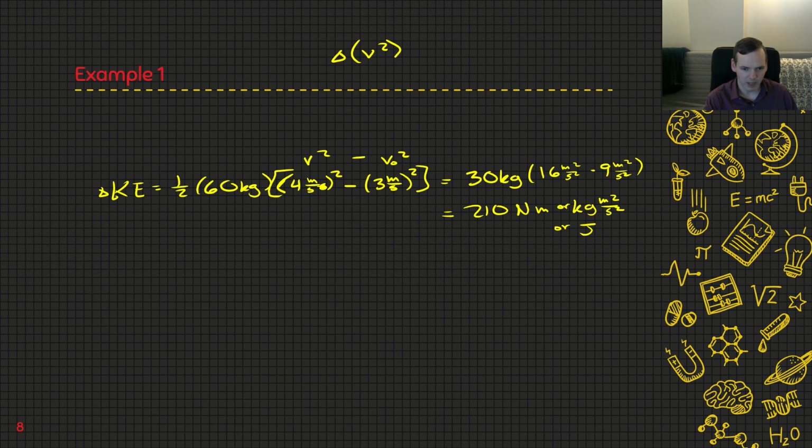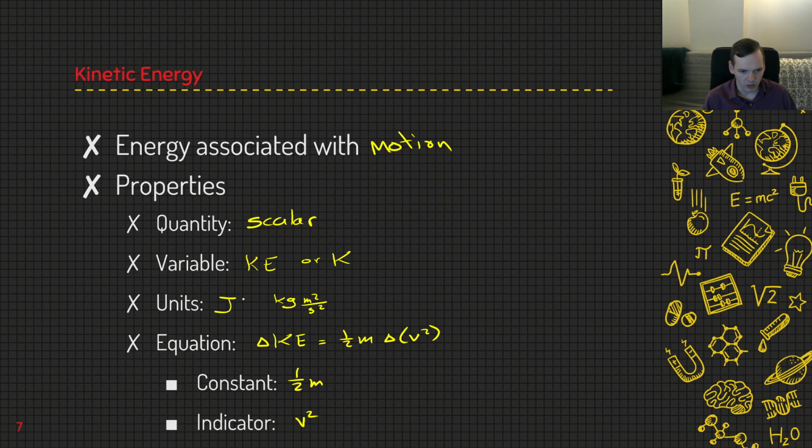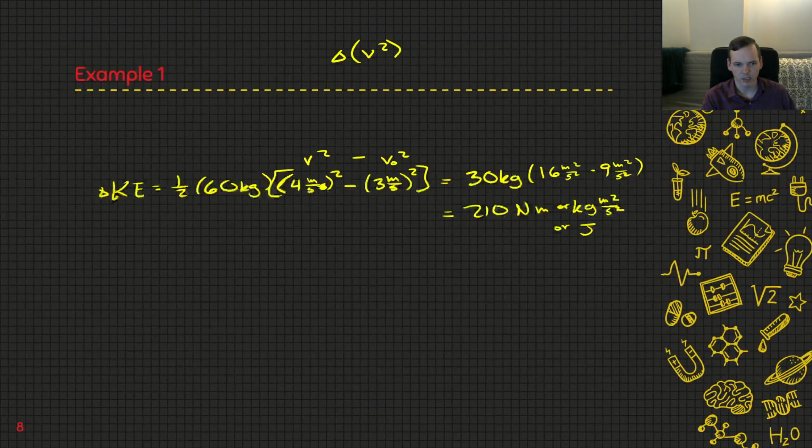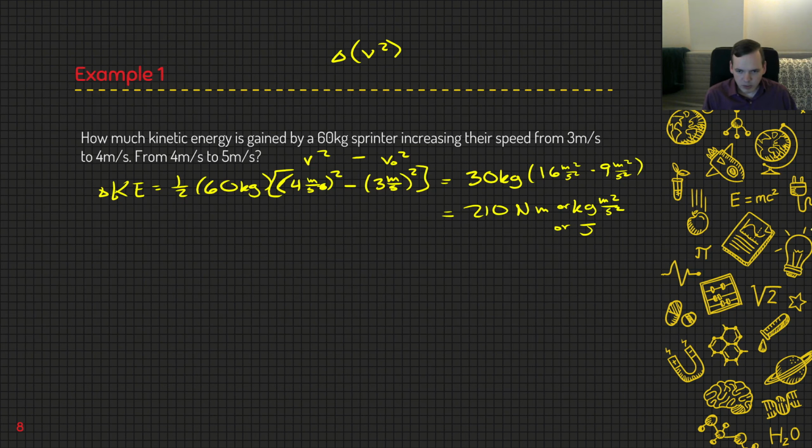Let me go back and add that up here as well. 1 joule is equal to 1 kilogram meter squared per second squared, which is equal to 1 newton times meters. If you're not sure about that, check in with me in class and we can talk about it. In any case, the most common will be that 210 joules.